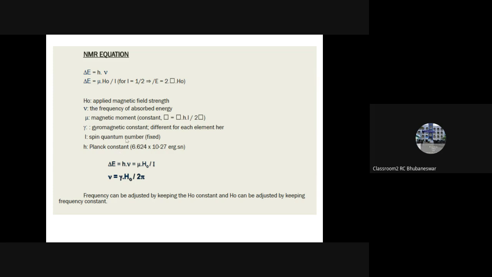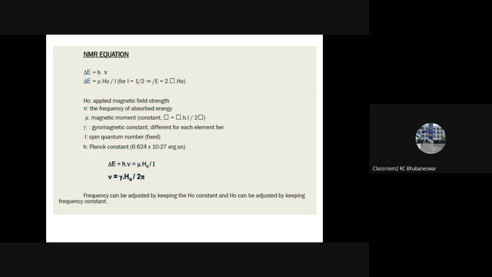So delta E equals h nu, which equals mu H0 by I. From here the frequency can be calculated, where the gyromagnetic constant is also present in the equation, times H0, the externally applied magnetic field strength, divided by 2 pi.